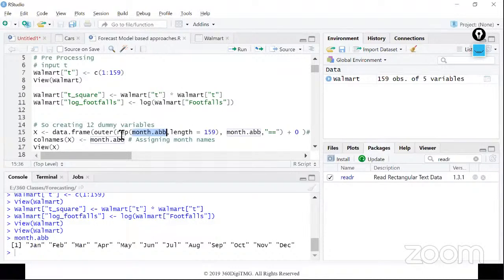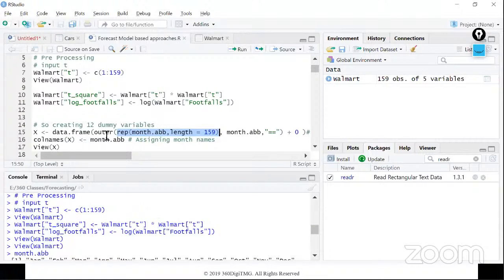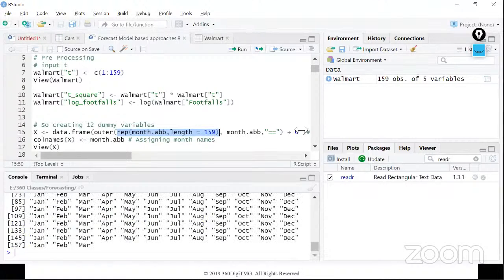I'm going to repeat month.abb 159 times. And then I'm going to put it in the data frame in such a way that all values are 0 except where the corresponding month.abb value is there.